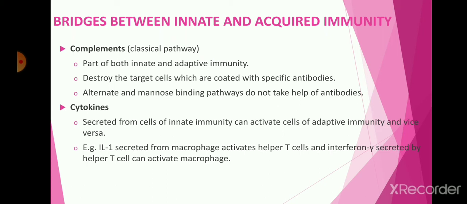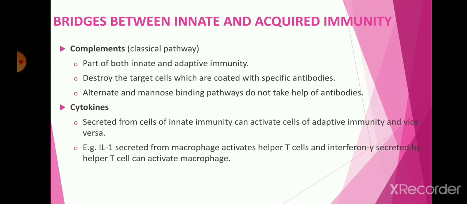For example, interleukin-1 is secreted from the macrophage, which activates the helper T cells. The macrophage is a part of the innate immune system which engulfs the microorganism by phagocytosis, and it secretes the cytokine interleukin-1, which activates the helper T cell.